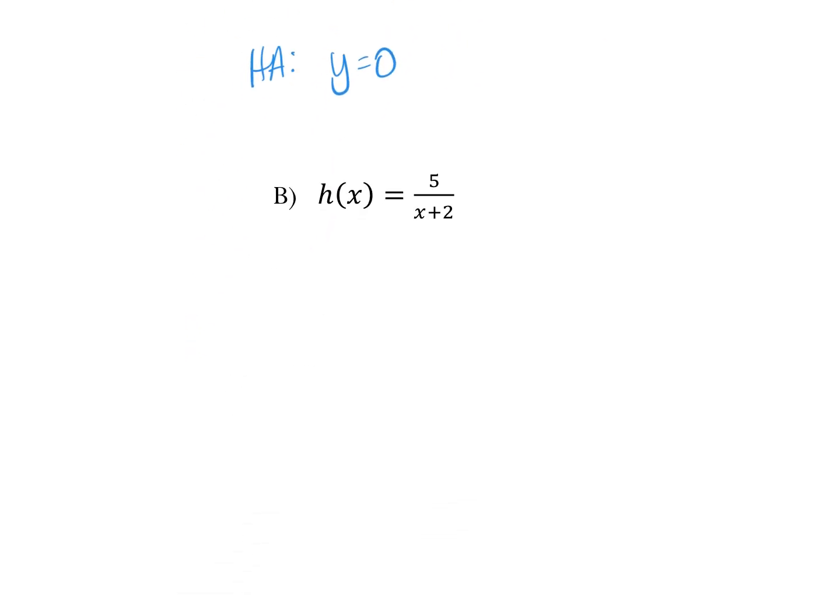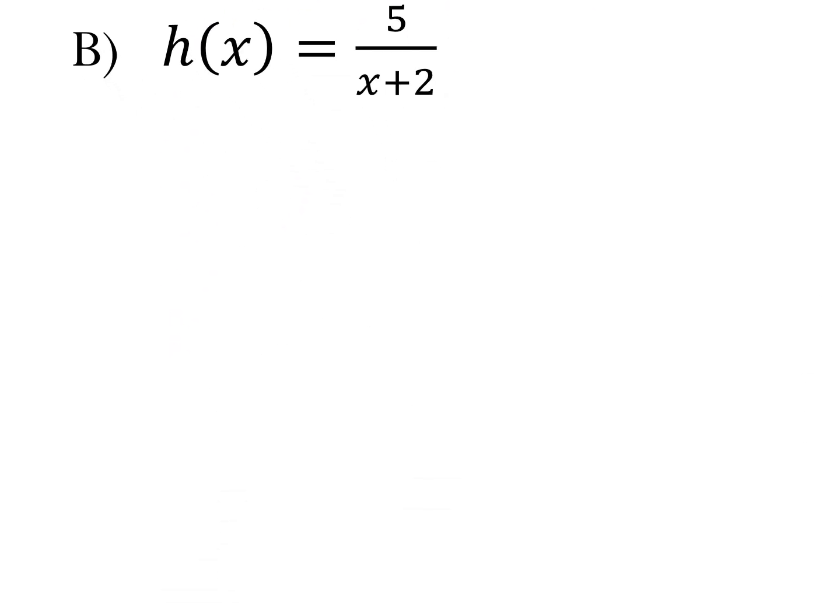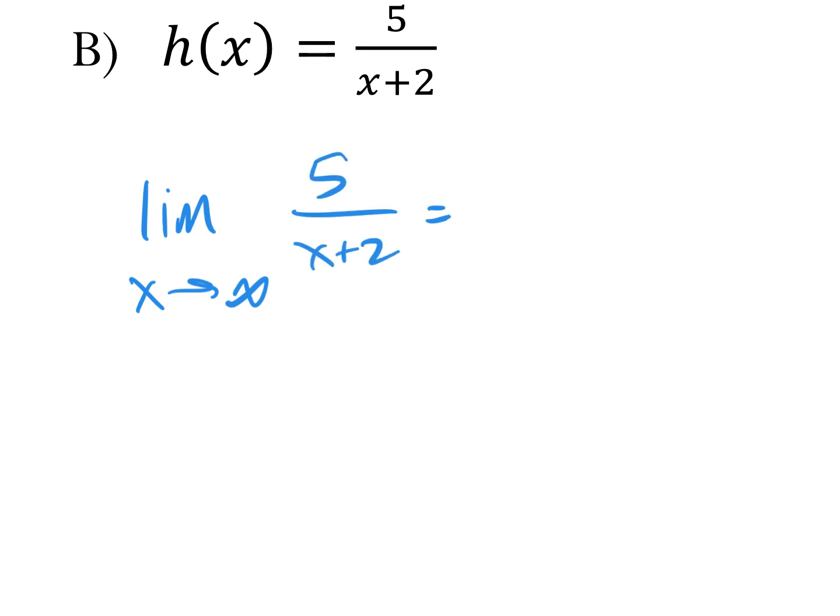So let's look at this one. If I follow that exact same approach here, in this case I end up with 5 over infinity, which is 0.